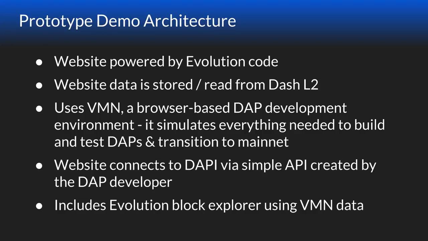And that layer 2, we've got a simulation of it that's part of this prototype called VMN, which is Virtual Masternode. And that's a browser-based development environment that simulates all the stuff in layer 2 and layer 1, and that way you can build and test apps without having to have testnet running or anything like that. You can just do your local testing, and you can take a look at the status of the Dash Drive primitives and really see what kind of changes you're having on the blockchain.